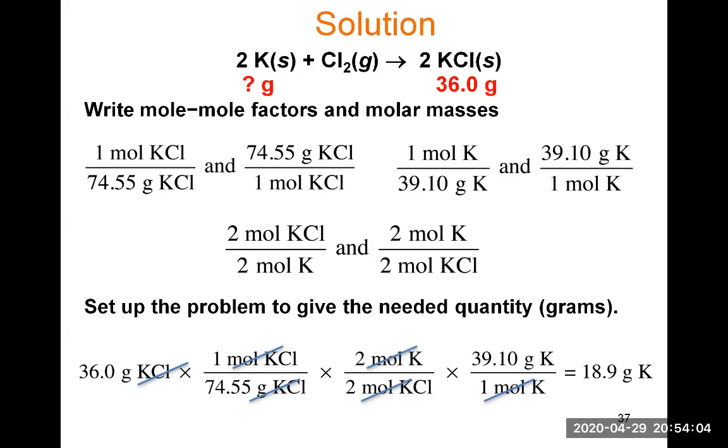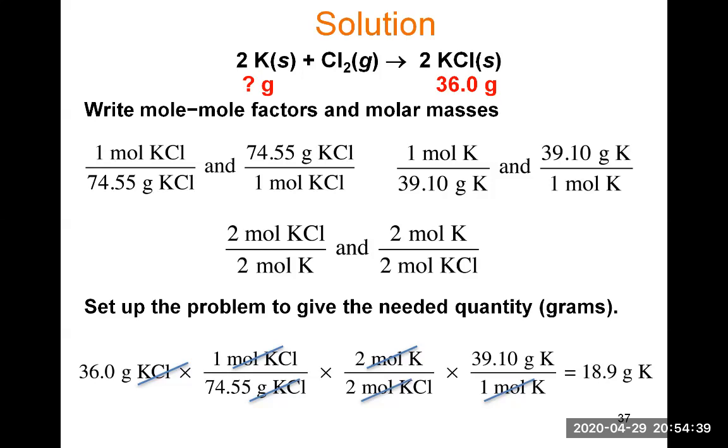The second conversion factor cancels the moles of KCl by having 2 moles of KCl in the denominator and 2 moles of K in the numerator. So that changes moles of KCl to moles of K. And then we can go back to grams of K using the molar mass of potassium, with the grams on top and the mole of K on the bottom, because this will allow us to cancel moles of K.